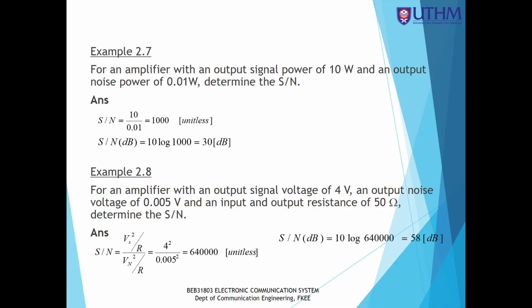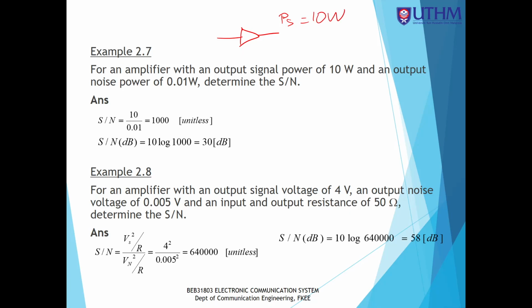Example, let's do an example. Example 2.7. For an amplifier with the output signal power, so you have an amplifier like this, the output signal power, which you can say is PS, is 10 watt.